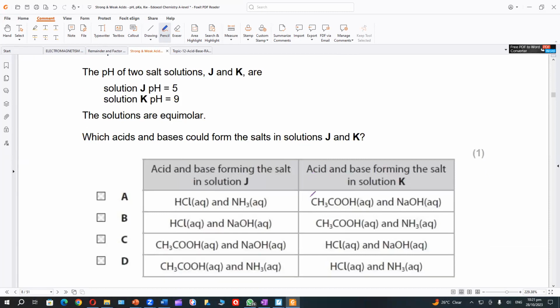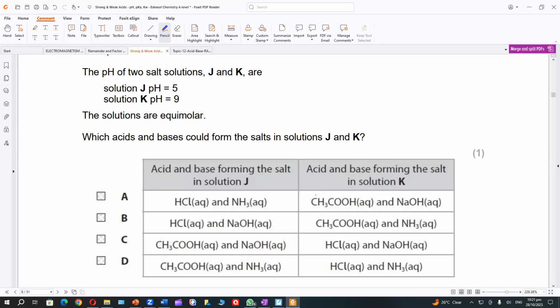The pH of two salt solutions are given. Which acids and bases could form the salt in solution J and K? This is an MCQ. Solution J shows a weak acid and solution K shows a weak alkali. Solutions are equimolar, 1:1.